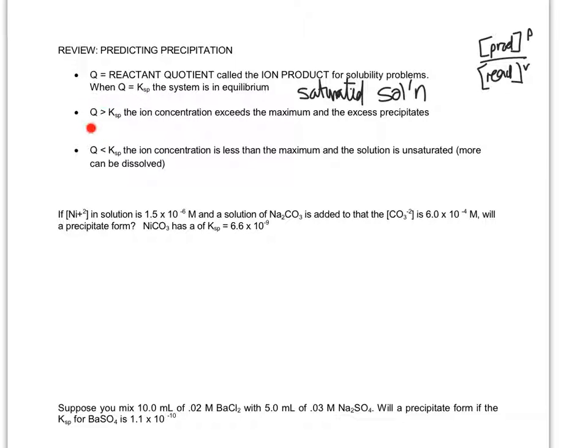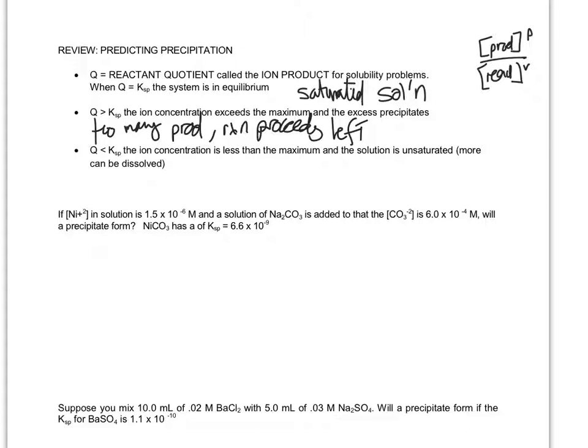Q is where you are right now. So if where you are right now is too large, that means you have too many products. And so if you have too many products, that means that the reaction would proceed to the left in order to reach equilibrium.